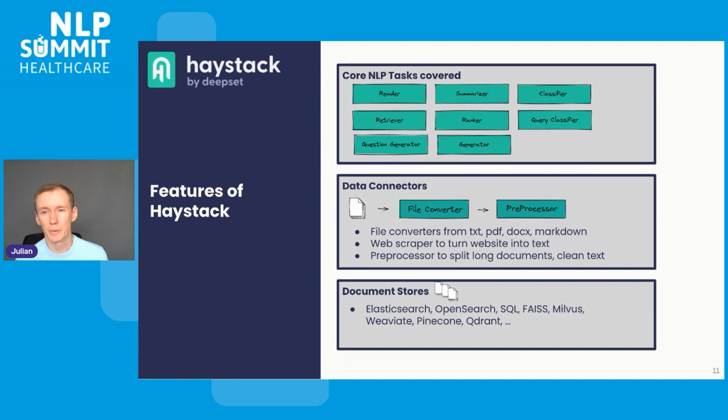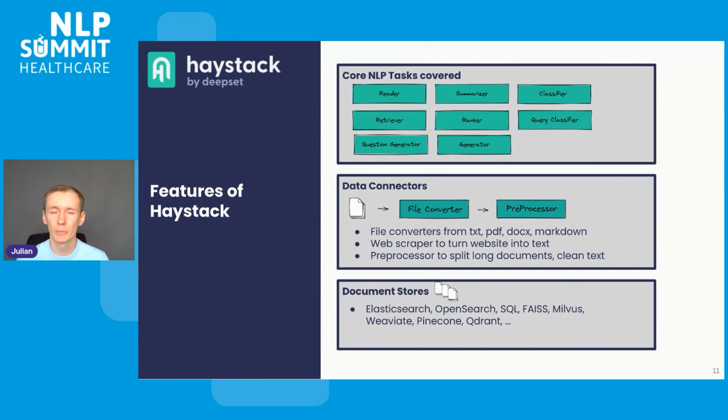Then for the indexing pipeline, I mentioned there are different data connectors. So first of all, different file converters that you can use to input text documents or PDFs or Word documents or Markdown files, whatever. There are even nodes for web crawlers or web scrapers, where you can put a URL of the website and then scrape a few pages from that website to make them searchable in your pipeline and add them to your document store.